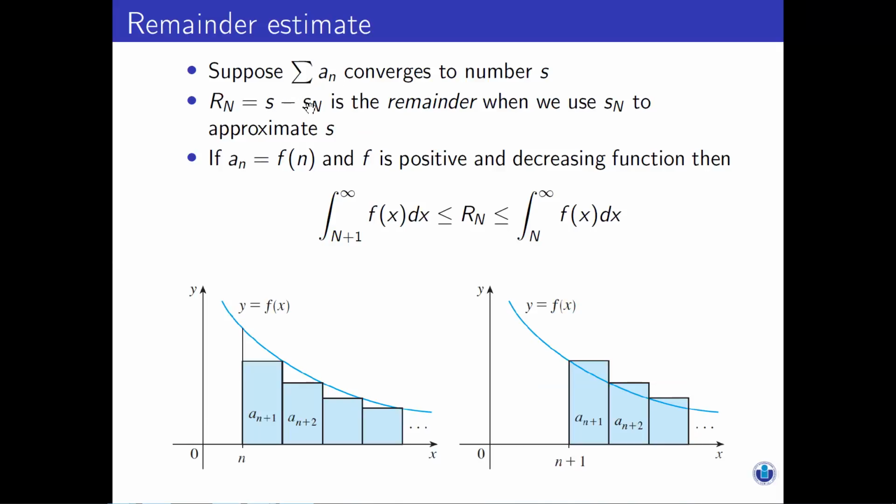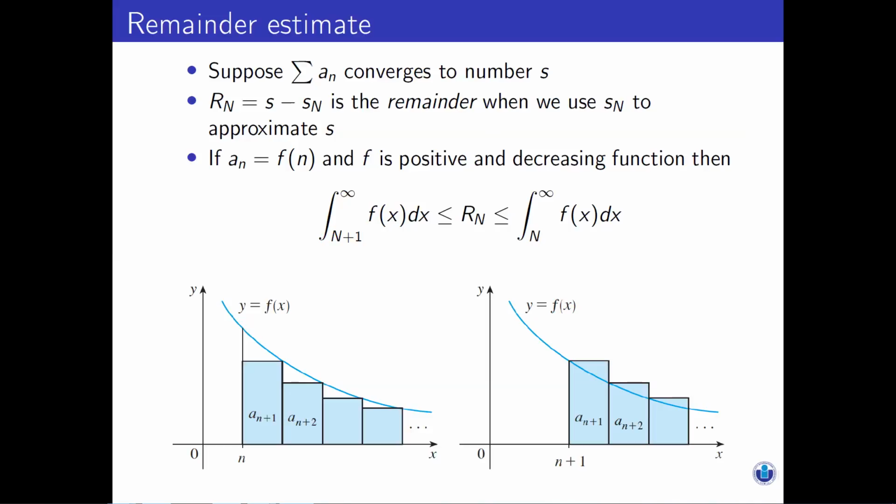Now suppose you know that the limit of the partial sum S_N converges to S as capital N goes to infinity. The remainder is the difference when you use S_N to approximate S. So the remainder R_N is simply the difference S minus S_N.